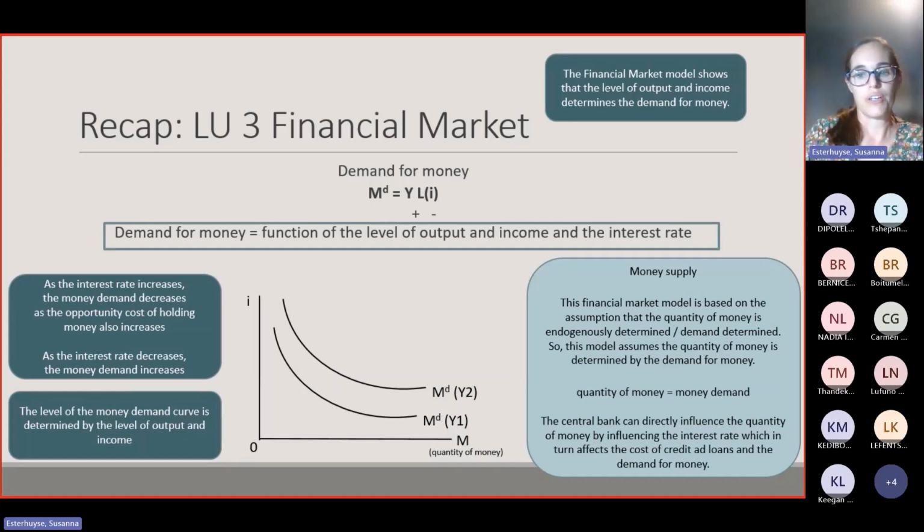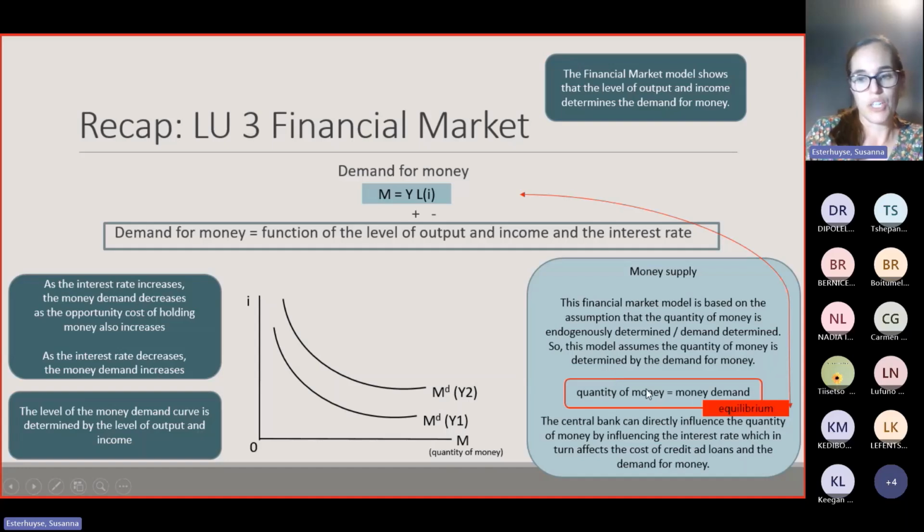And therefore the equilibrium level in the financial market was at this point where your quantity of money is equal to your money demand, and we said therefore it's impacted by the level of output and income and the interest rate. So this is Learning Unit 3 in a nutshell. All the graphs and the diagrams and the formulas.